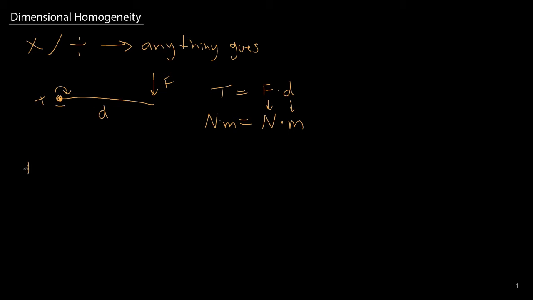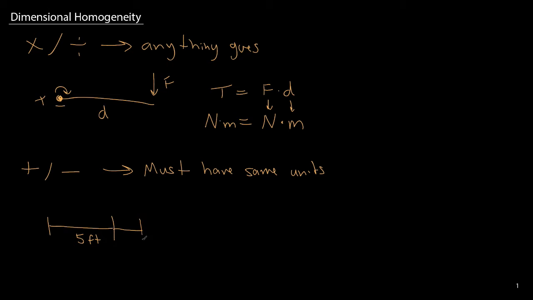Now in the case of add and subtract, we must have the same units. To illustrate this, look at a couple of line segments. Maybe we have one segment that is 5 feet and another that is 2 feet.